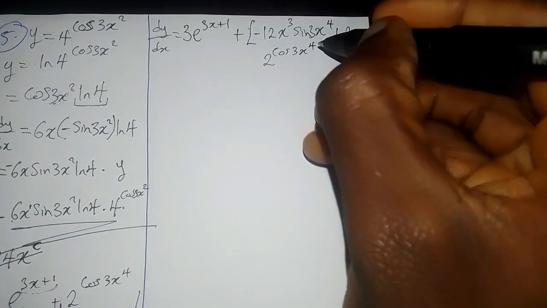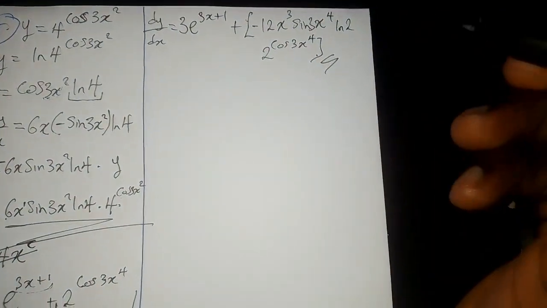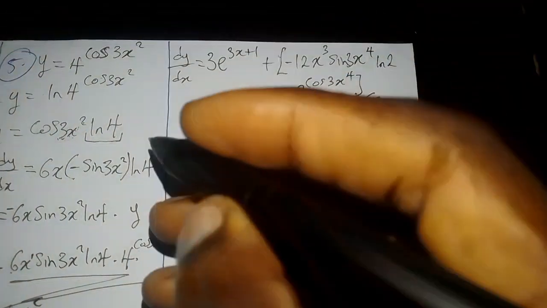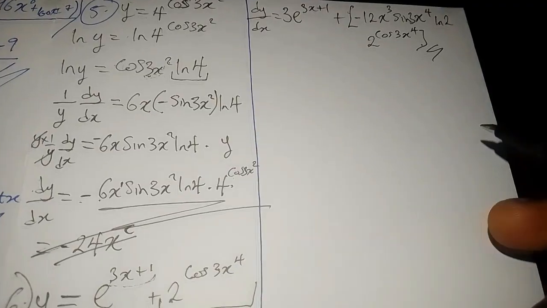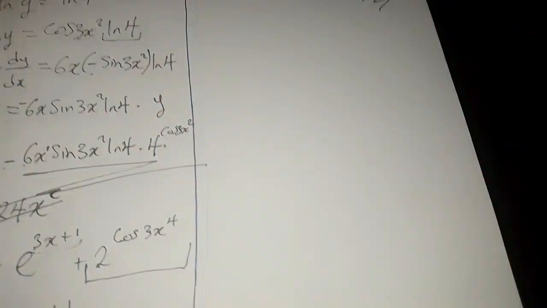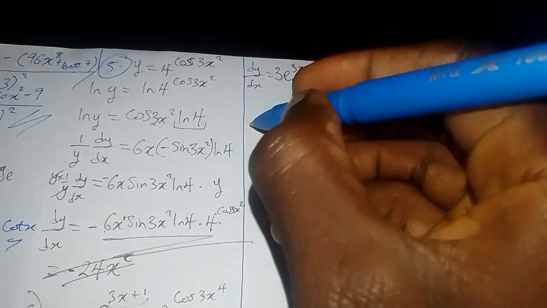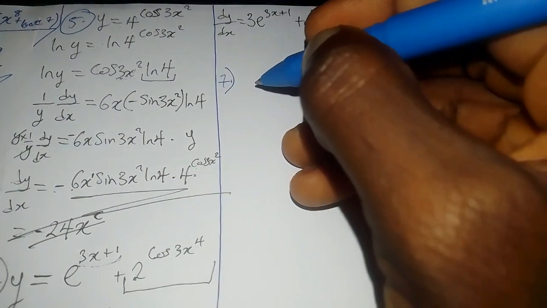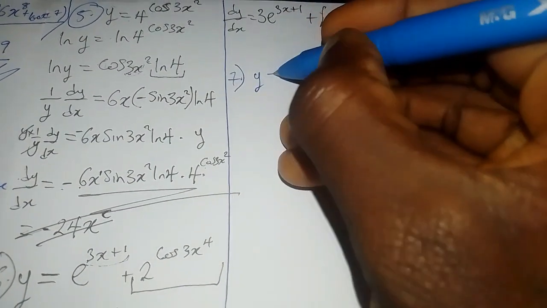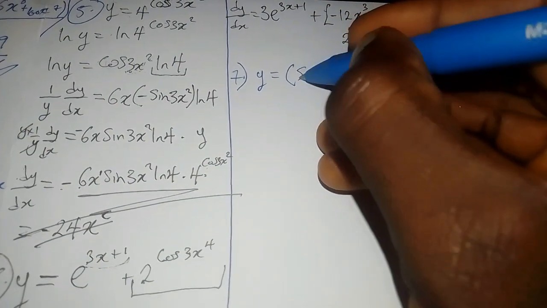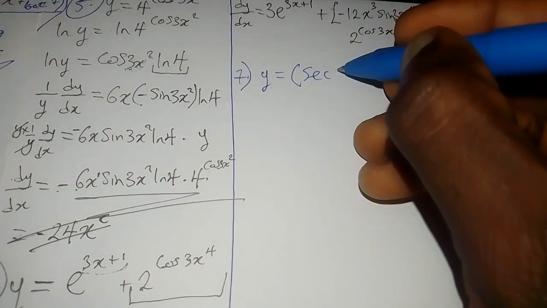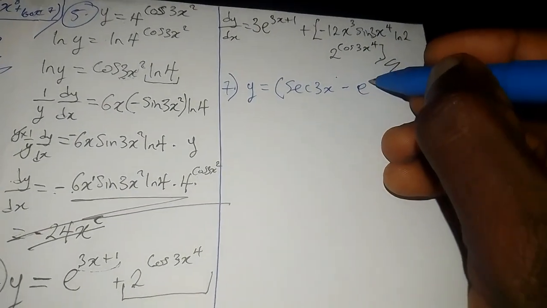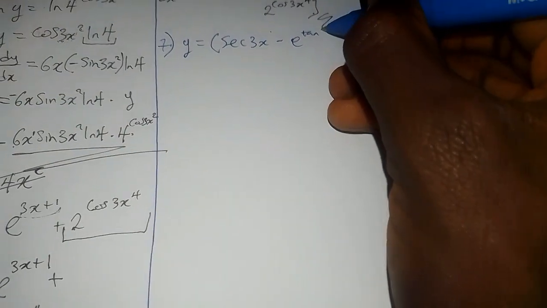Now, and lastly, question 7. For this question 7, what I actually have there is y equals, in brackets, sec 3x minus exponential tan x, then everything plus 5 raised to power square root of x. This thing here is actually simple.